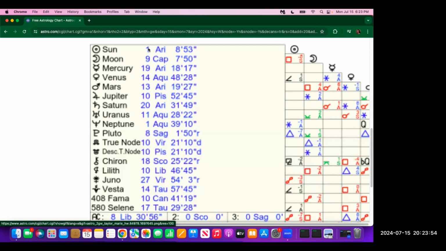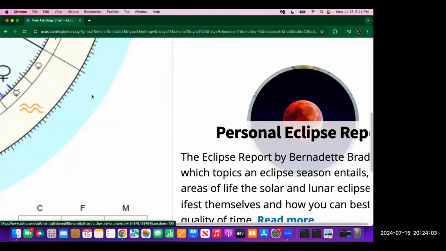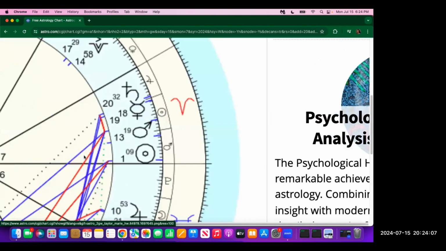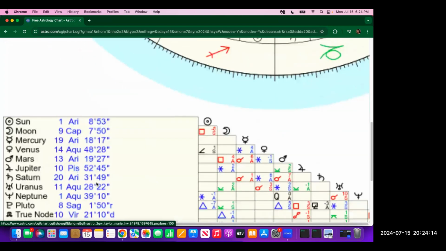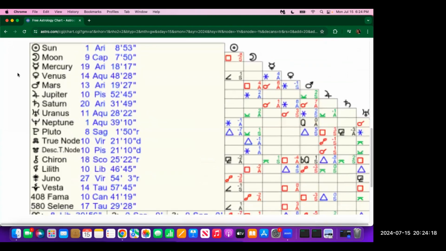So it's 1 degree of Aries, and then it is 8 minutes 53 seconds. They rounded it up to 9 minutes in my chart. Each degree is divided by minutes and seconds, and we just do it by minutes. So it's kind of like when you do math and you're rounding up.